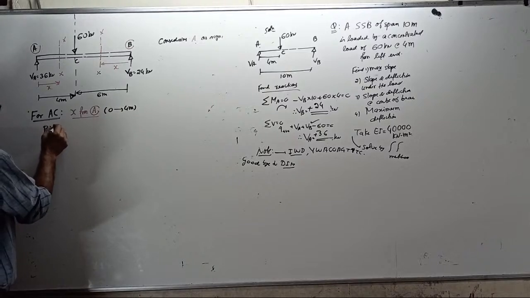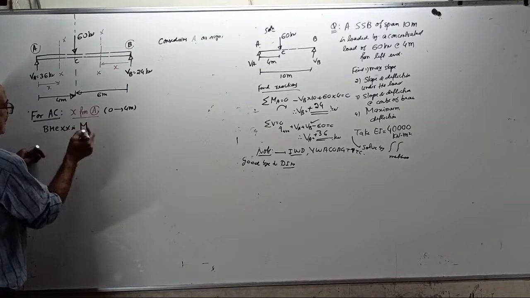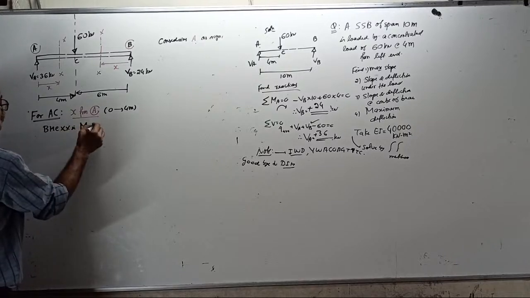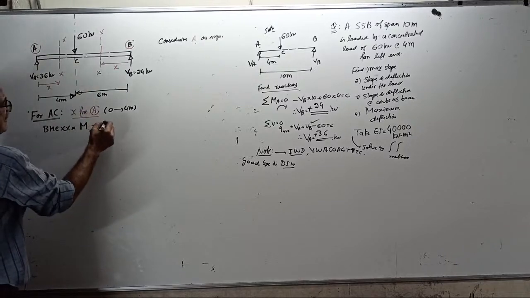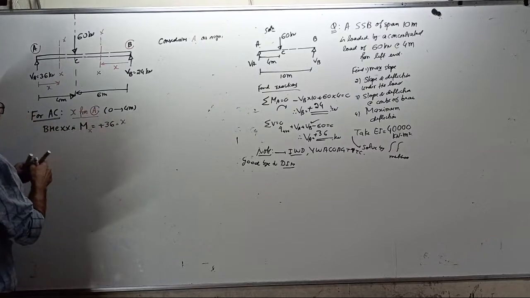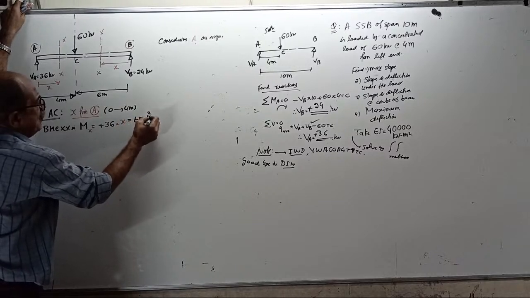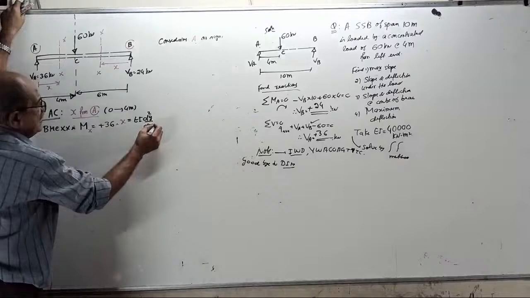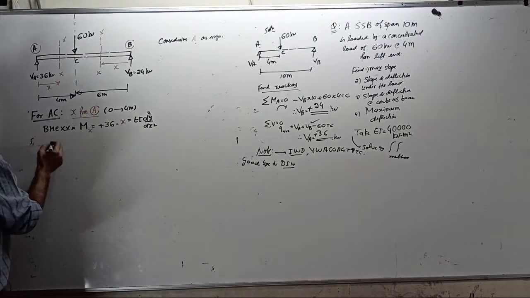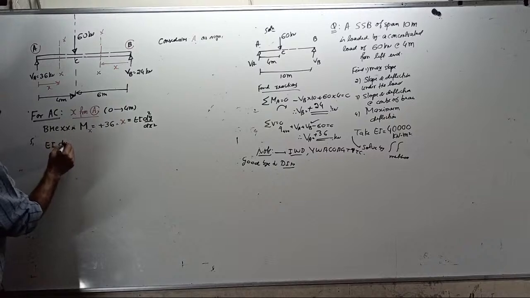Bending moment at XX, that is called MX, equals plus 36 into X. Equate this to EI d square y by dx square. Now integrate: EI dy by dx.